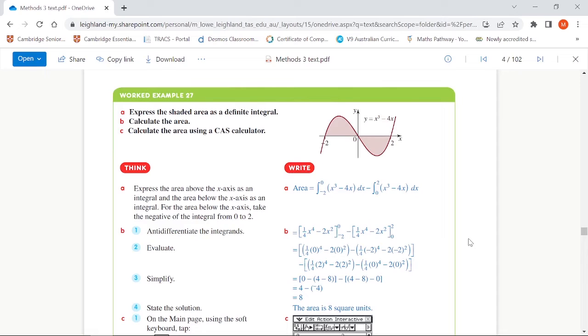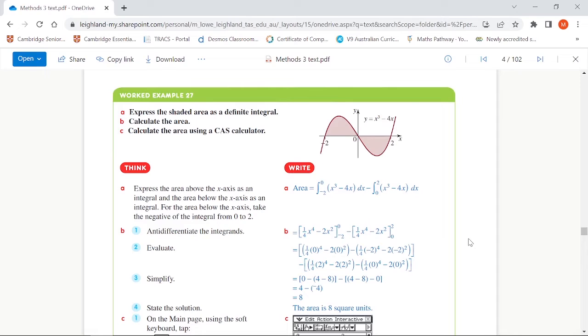Okay, so if you were just given the rule, y equals x cubed minus 4x, you weren't given the graph, but you were told you need to find the area bounded by the curve, and this sometimes happens this way.